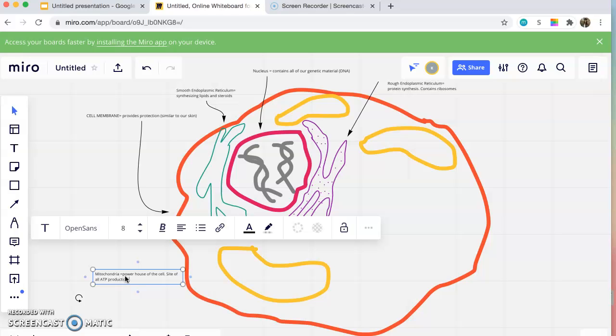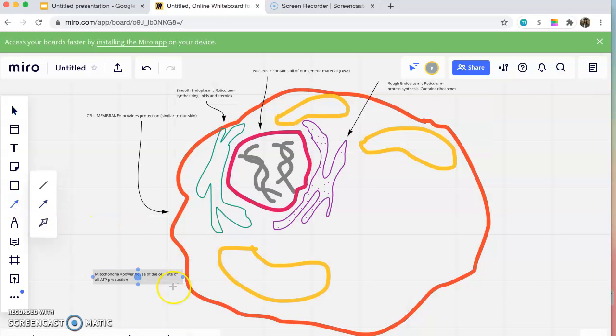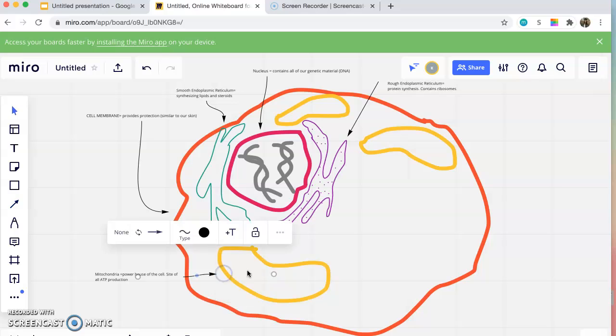And if we recall from one of the very first units this year, ATP is the energy currency that we use, right? So in this mitochondria, all of the energy that our cell and our body needs is going to be made through a series of processes, which we'll get into in later units when we talk about cellular respiration. Again, the mitochondria is the site of production of ATP.